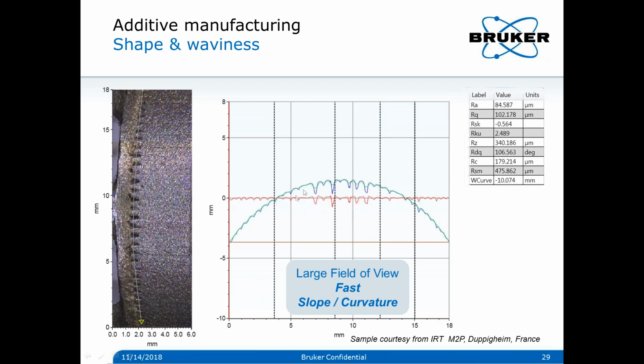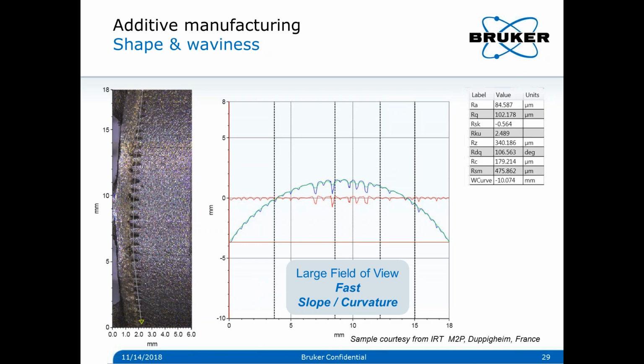We can extract as well the waviness in green, as well as the roughness in red. So all that in one single measurement, we can just get and create this information. So this will comply to GD&T and see whether the radius and the roughness are within the specifications or not.